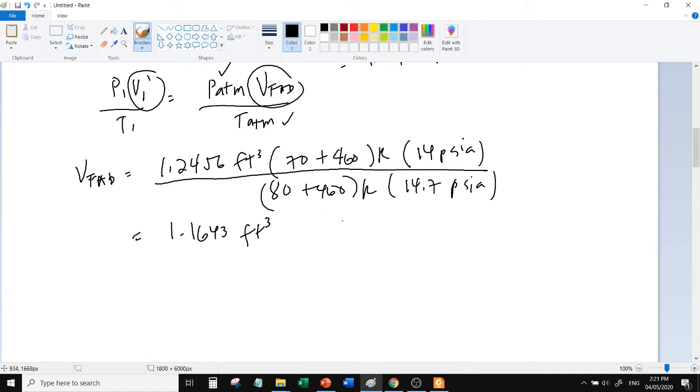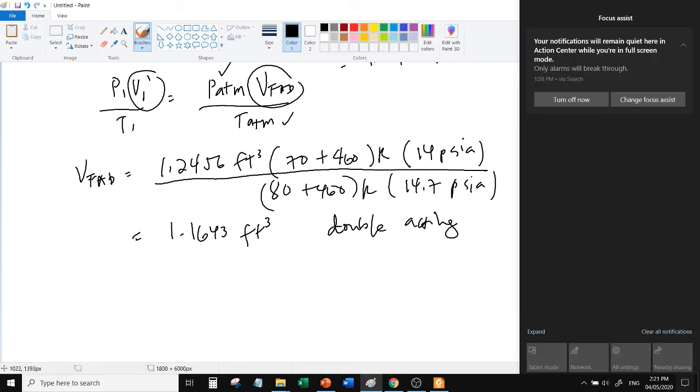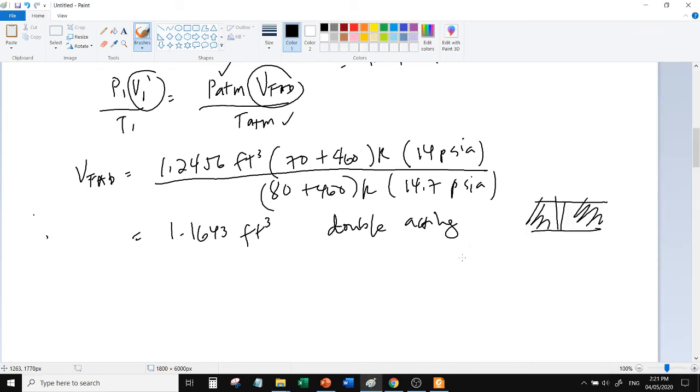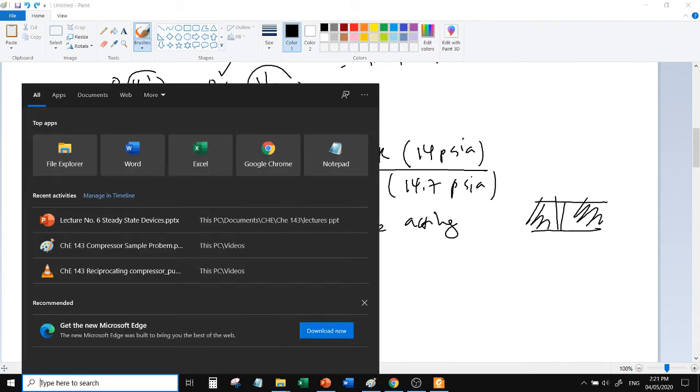Hindi pa, kasi double acting yung compressor natin. Ano nga ulit? Pag double acting, yung two sides nung piston cylinder ang nagagamit. So, kailangan natin siyang i-multiply ng 2. At the same time, kailangan mo siyang i-multiply nung revolutions per minute.